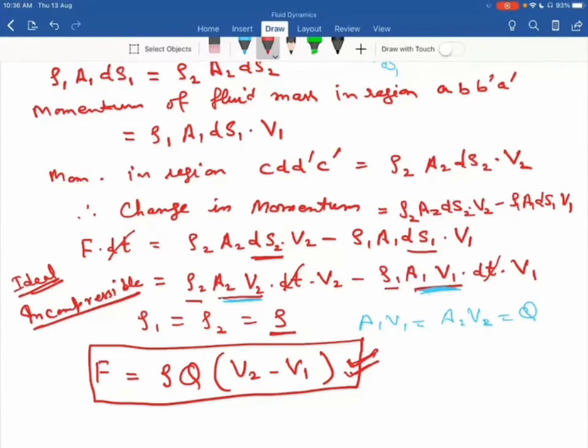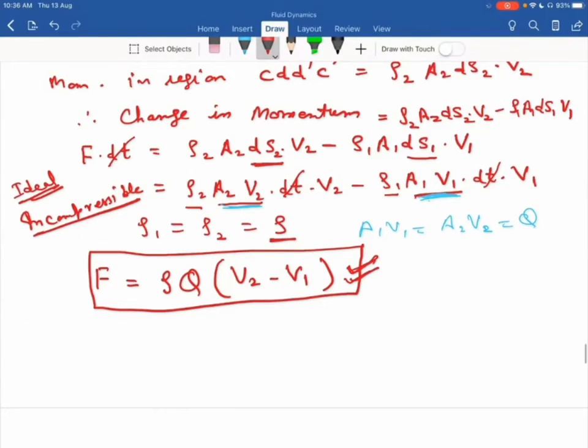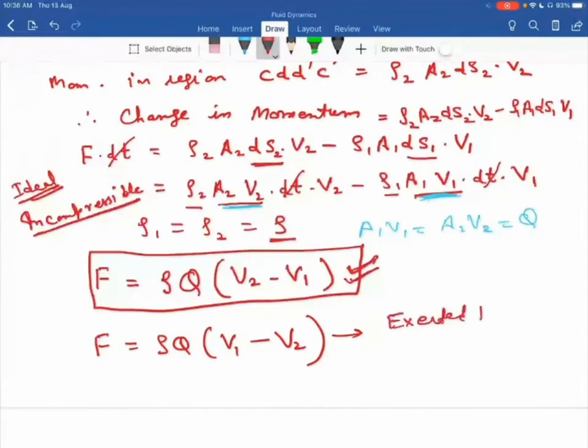So I can write it as F equal to negative of this, rho Q (V1 minus V2). ठीक है this is the force exerted by a fluid on the pipe or bend. ठीक है so now we have this equation.